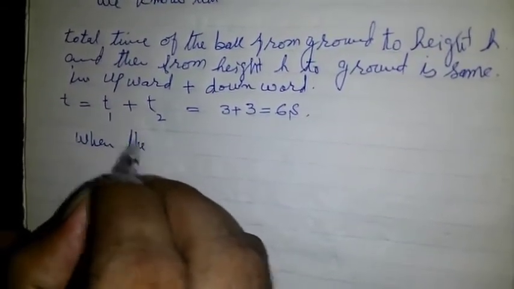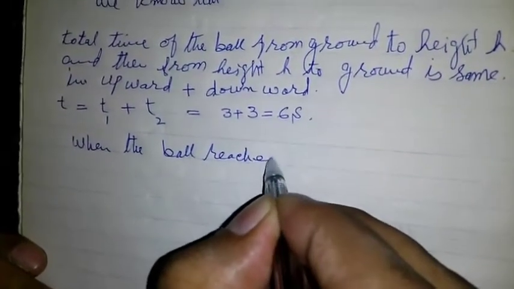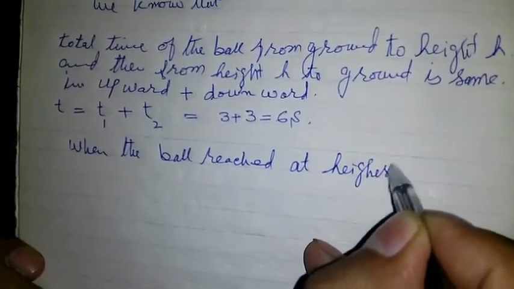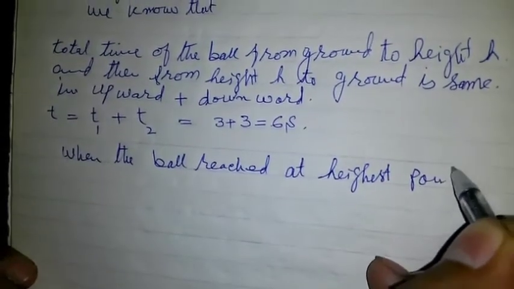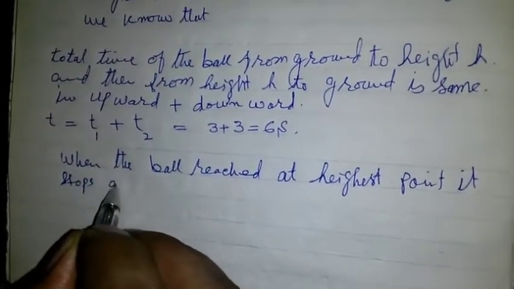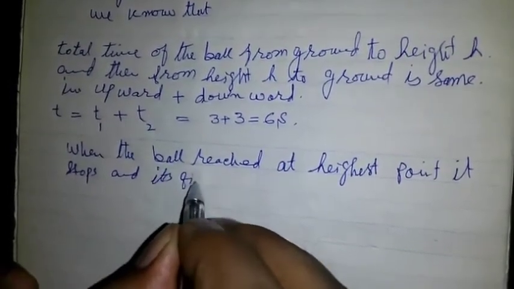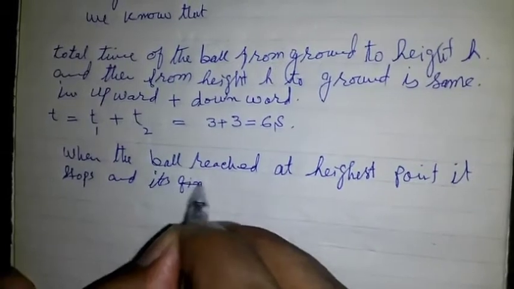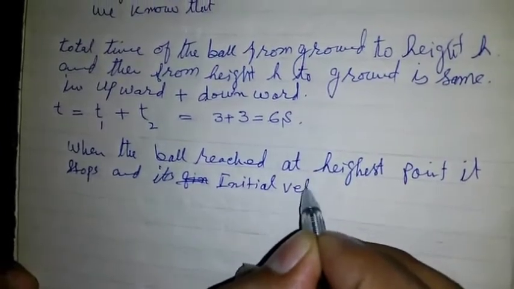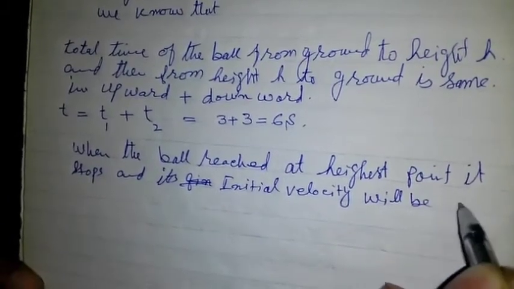When the ball reached at the highest point it stops, and its initial velocity will be 0.